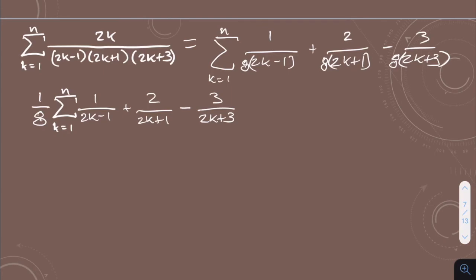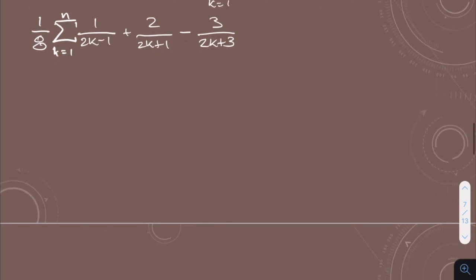Now, if we try to evaluate this now, it's going to look like this. Let's just start evaluating. We're going to go k equals 1. I'm going to need about 4 of these. I'm going to go k equals 2, k equals 3, and k equals 4. So let's start with that. So the first one, we're going to let k equals 1. So 1 over 2 times 1, which is 2. 2 minus 1 is 1.